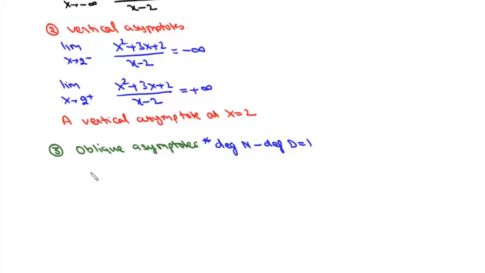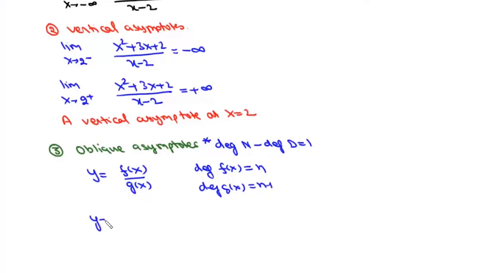So if we have any rational function f(x) upon g(x), and we know that the degree of f(x) is, suppose, n, and the degree of g(x) is n minus 1, we can divide f(x) with g(x) using long division or synthetic division.